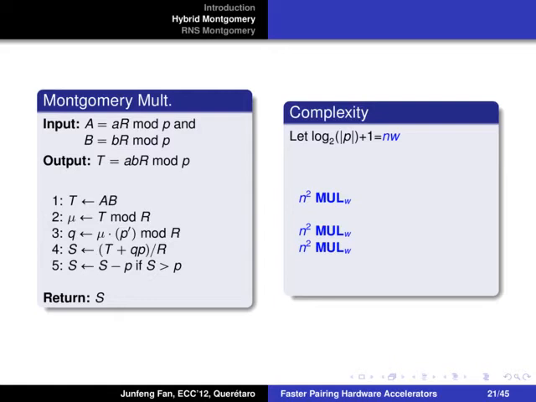Oh, this is not quite true because, for example here, it's mu multiplied by some number modulo r, so you don't have to actually compute the full multiplication. If you rewrite Montgomery multiplication in a different way, you will see that most likely the complexity is 2n squared plus n digit multiplications. Sorry, I forgot to mention this. n is the number of digits, w is the bit length of each digit, so n times w is roughly the number of bits of the prime.